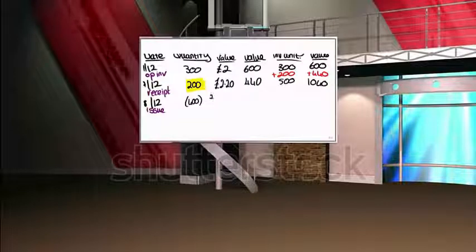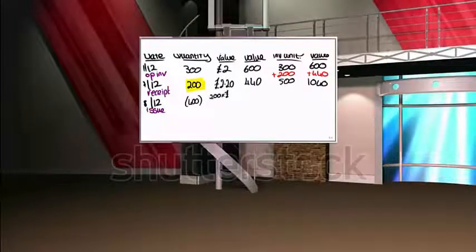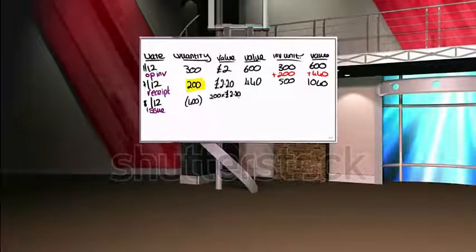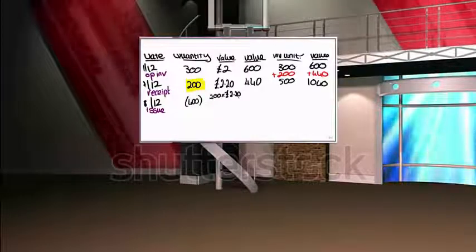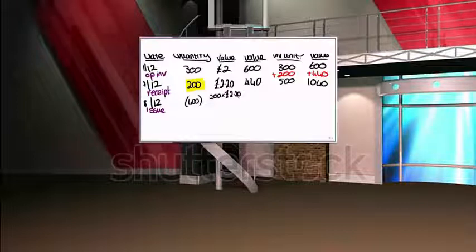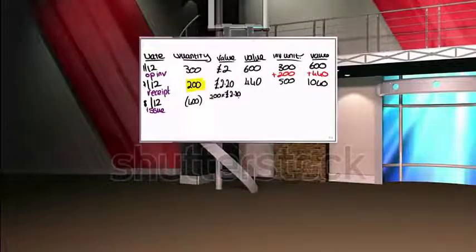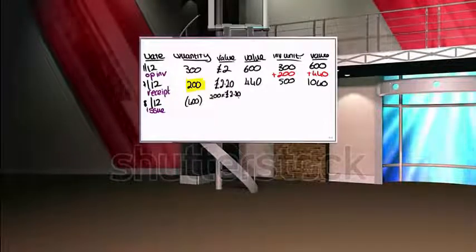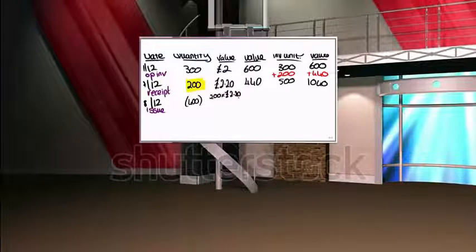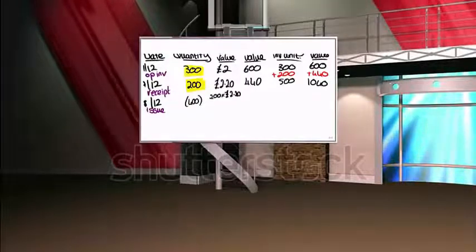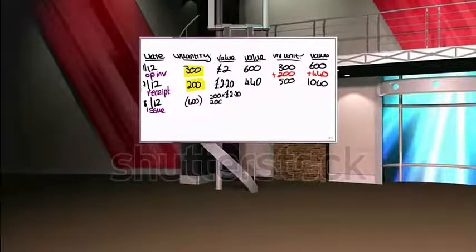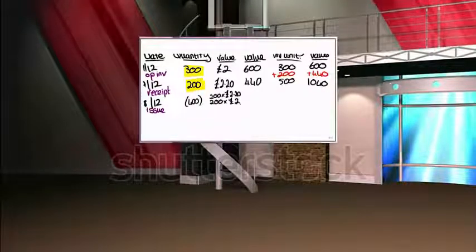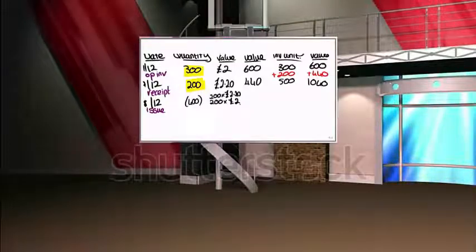So we have 200 units at 2.20. Now we need to get to 400 units in total. So the other 200 units we are going to take from our next most recently purchased set of units, which will be our opening inventory. So the remaining 200 units will be valued at £2 each.